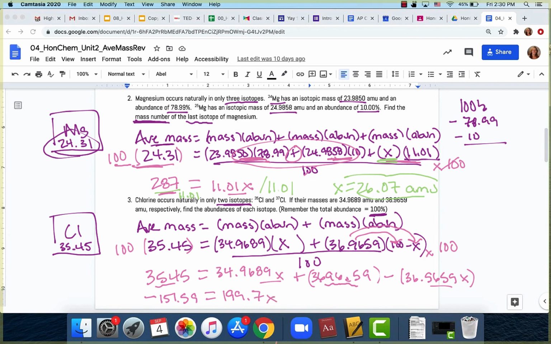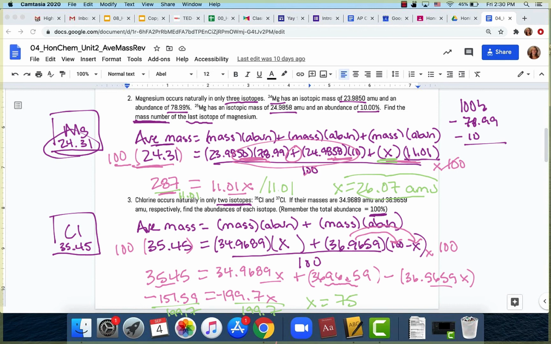Now all I have to do is get x by itself, so I'm going to divide both sides by 199.7. Because of that negative, it ends up being negative over there, so the negatives go away. I end up with x equals 75.